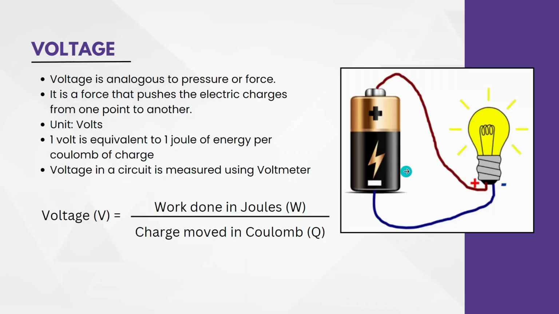So suppose in this case, we have the positive terminal and the negative terminal, and the potential difference or the voltage is the difference in potential between this point and this point. And that number is defined by volts.